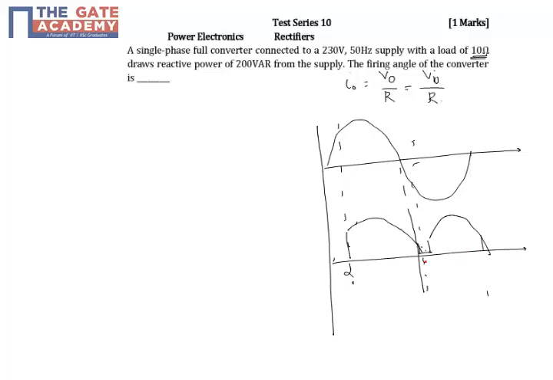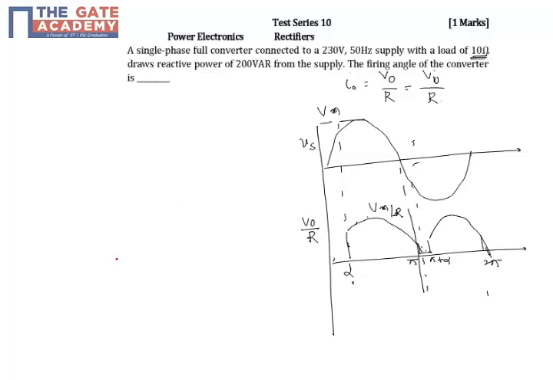So this is alpha, this is pi plus alpha, this is pi, and this is 2 pi. Now this is a supply voltage and this is an output voltage. If I want the output current, it is nothing but V0 by R. So this will become Vm by R, because this is Vm.